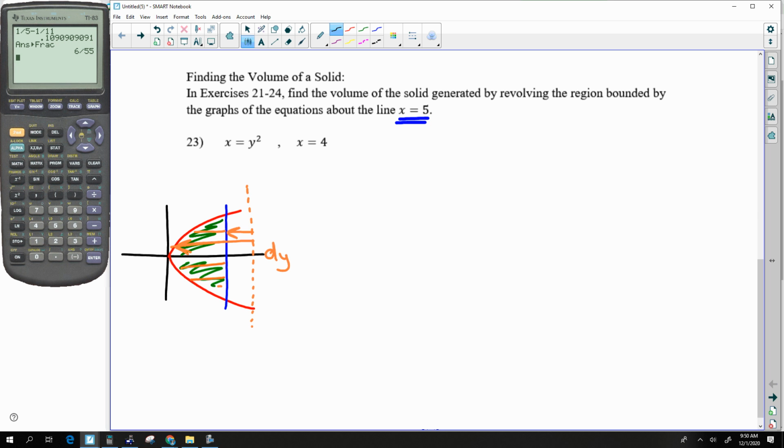Okay, so this top floor is 2. This bottom floor is -2. Again, I'm coming this way because we're doing it dy style. So x's are equal to dy style. So bottom to top. All right, so this is going to be a volume of pi integral from -2 to 2 of the big radius.